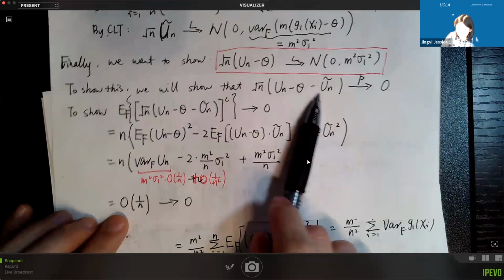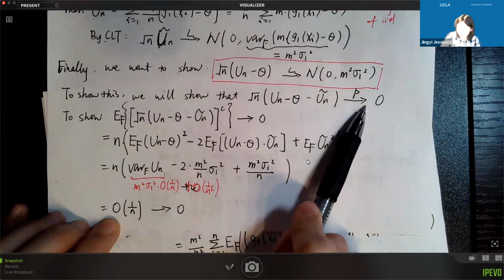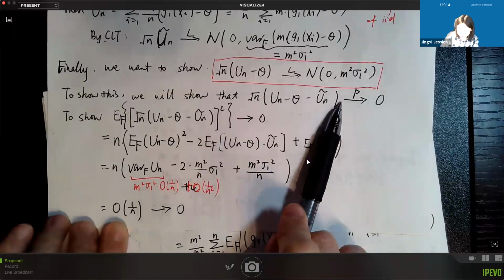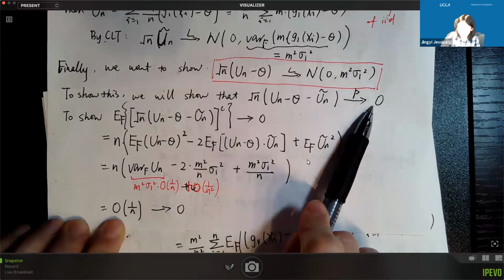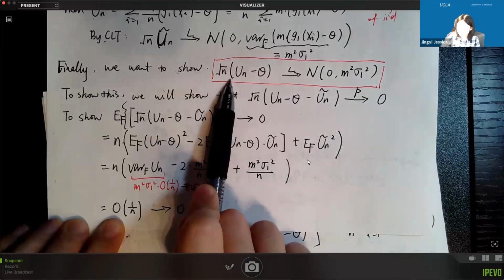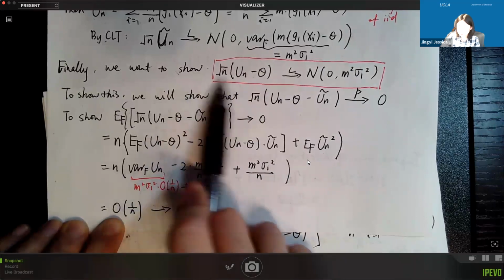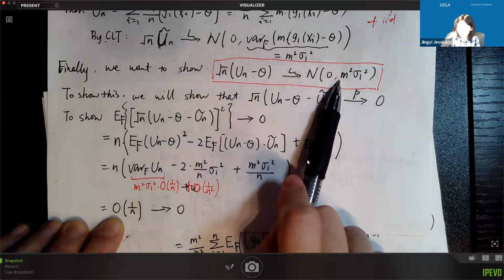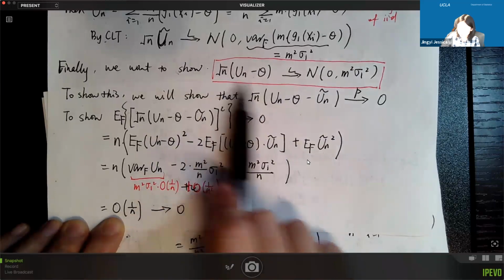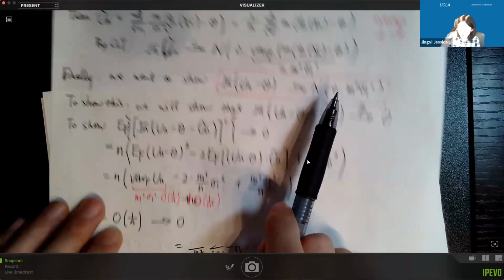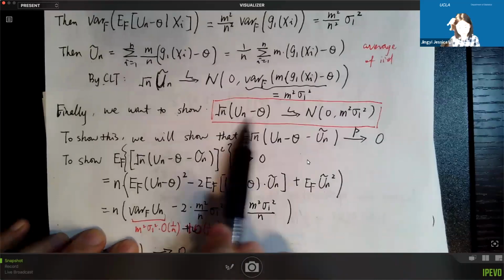So now with convergence in quadratic mean, I can have the convergence in probability. And then finally, I have that (U_n minus theta) times root n converges to the same limiting distribution as root n times U_n tilde. And that's why I can finally obtain this result.